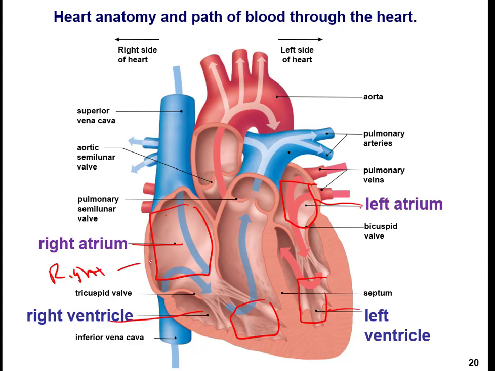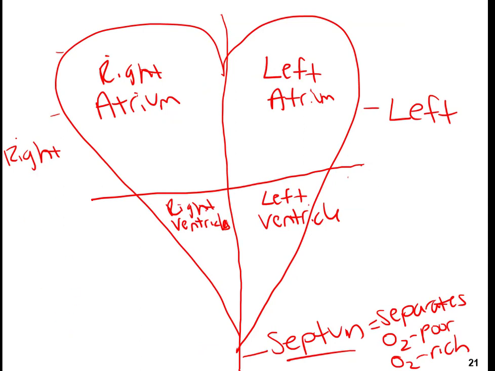Now, notice in this picture, the right side is blue, and the left side is red. That's because the right side has mostly oxygen poor blood, whereas the left side has the oxygen rich blood.